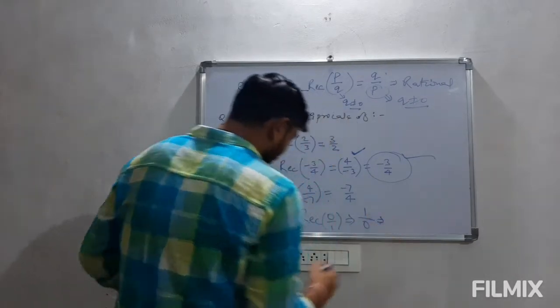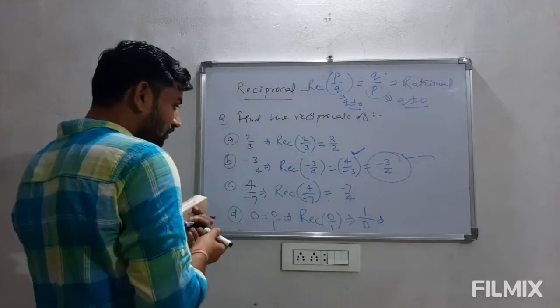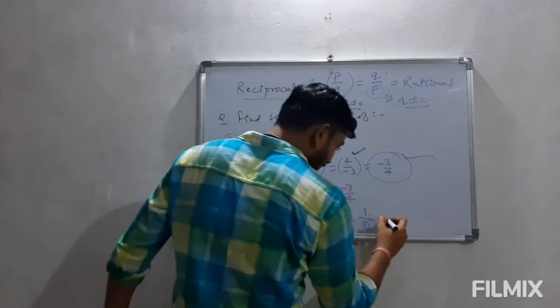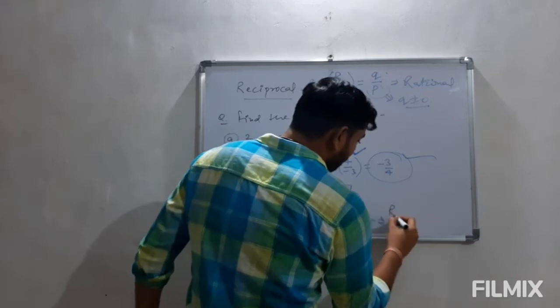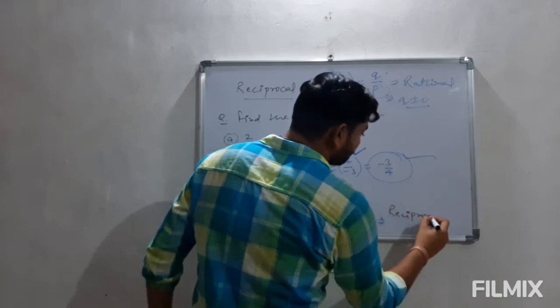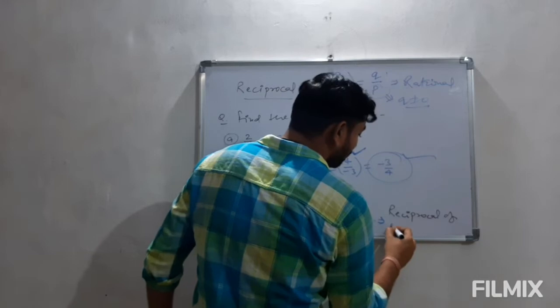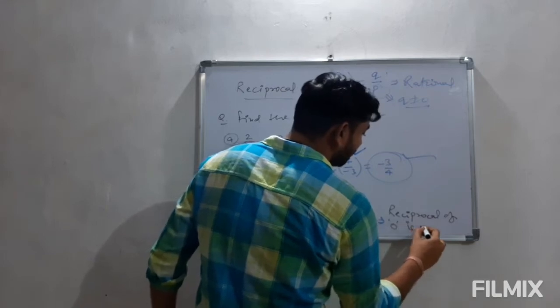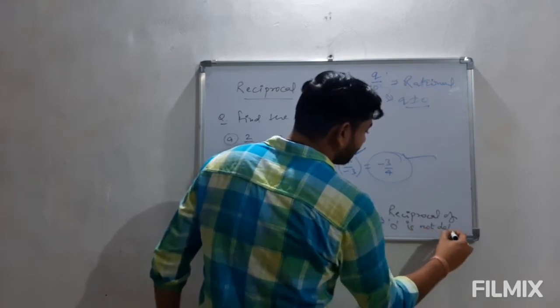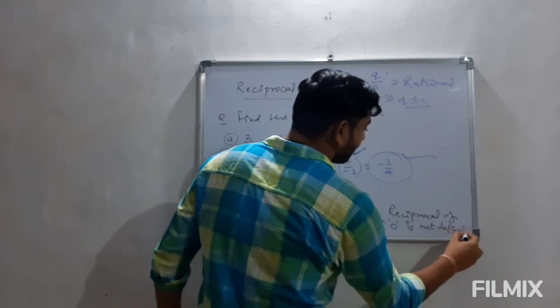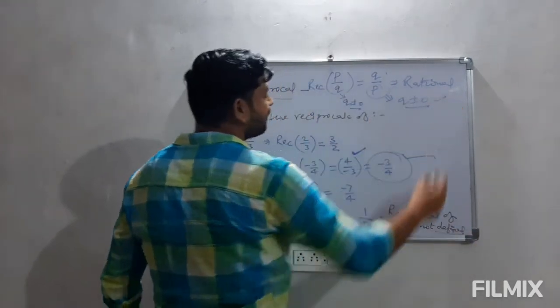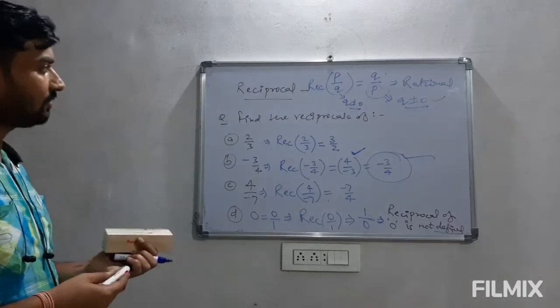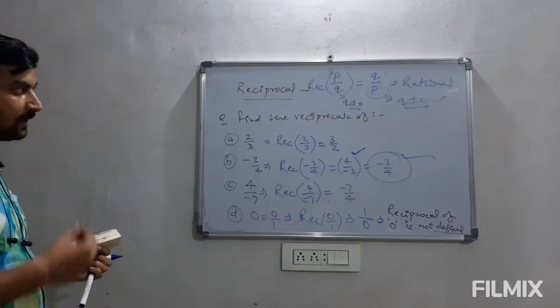For this reason, it is really important to pay attention here that the reciprocal of 0 is not defined. I just explained the reason why it is so. So this is all about the reciprocal.